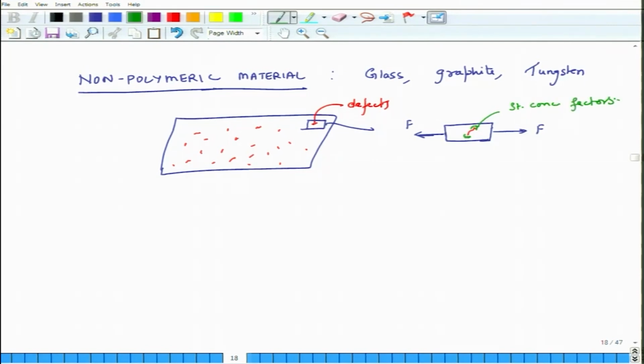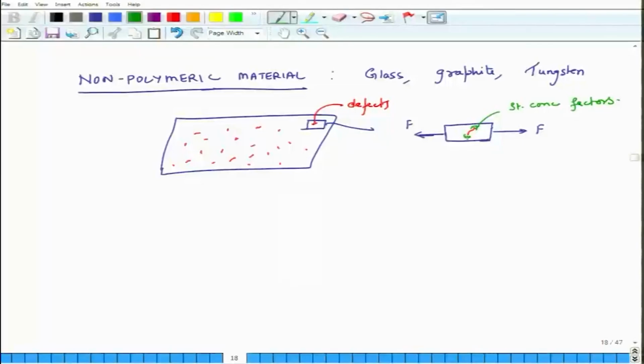So, you apply a force F and the cross sectional area of your sample is A, then the average stress is F over A, but the stresses are extremely high around the defects. So, this material fails at a much lesser stress.